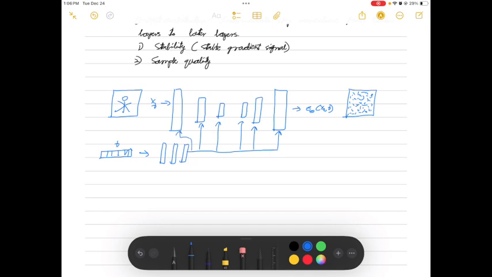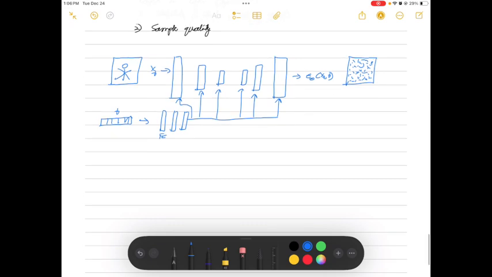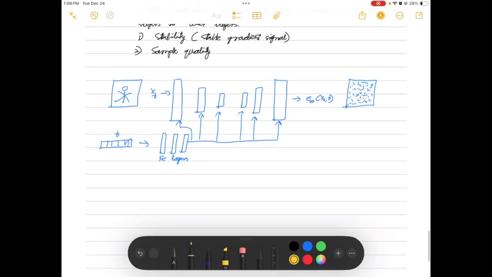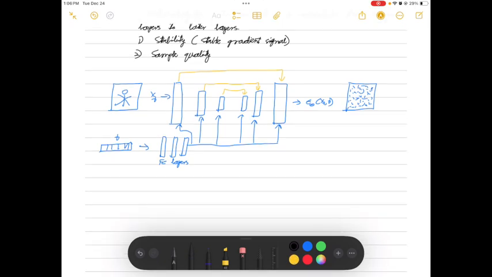You can choose to not concatenate it as well, but it is found to be beneficial to concatenate it in the intermediate representations. And as I mentioned, this is a U-Net architecture, so there are skip connections from earlier layers to later layers. So there will be skip connections from this layer to this layer, this layer to this layer, and so on. And this provides stability to the model.